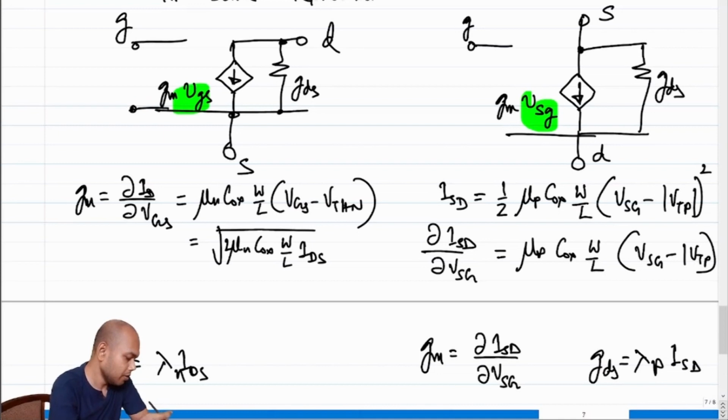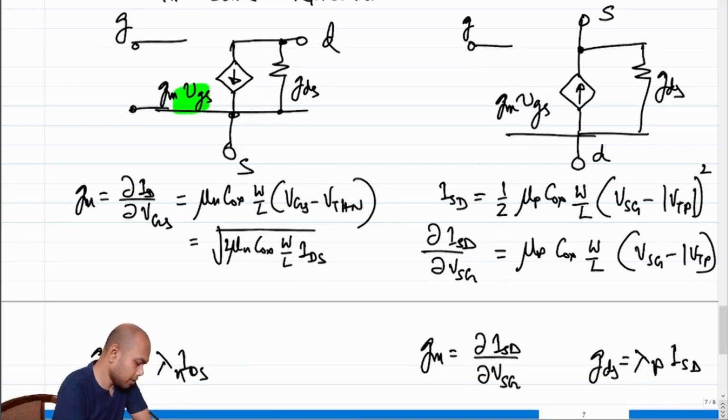We will not make this VSG, we'll keep this VGS. If we keep this as VGS, what do we need to do? We need to flip the terminal of the current source. So essentially this becomes pointing upwards, right?